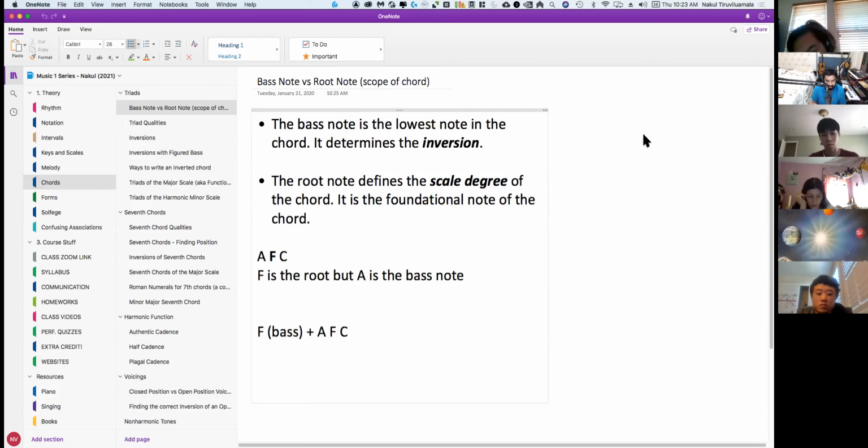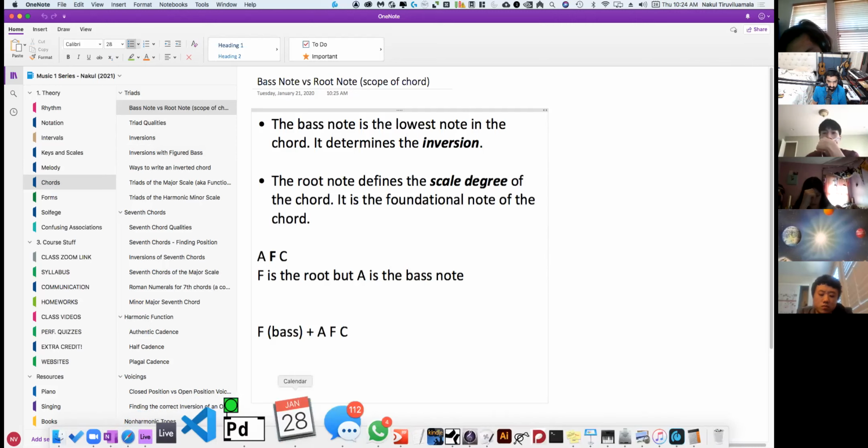And if you have an idea for the root of that chord, you have a great way of identifying the chord and figuring out the basis for that chord, essentially the root position version of that chord, and then you can analyze or intuit these other inversions as a result of that foundational outlook of that chord. So remember, there's this difference between a bass note and a root note.